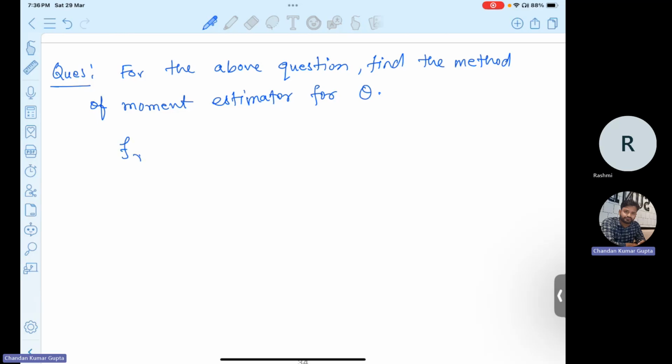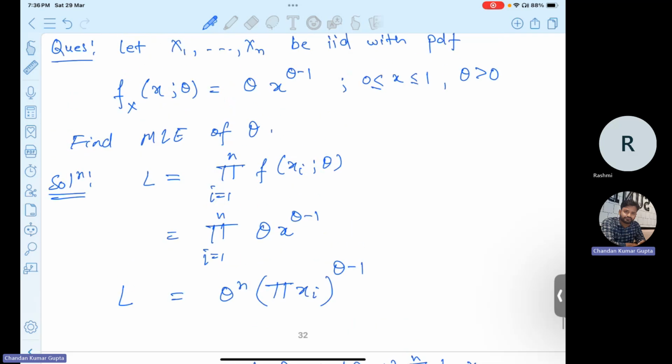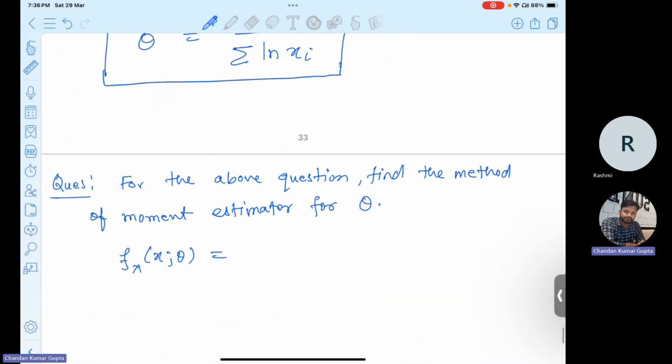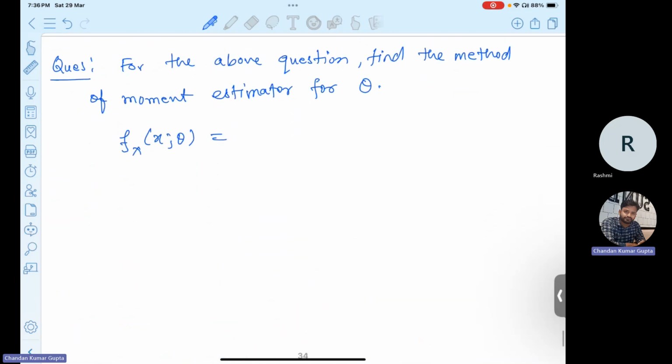So we are given the PDF theta x to the power theta minus 1 for x within 0 to 1, and theta is greater than 0.